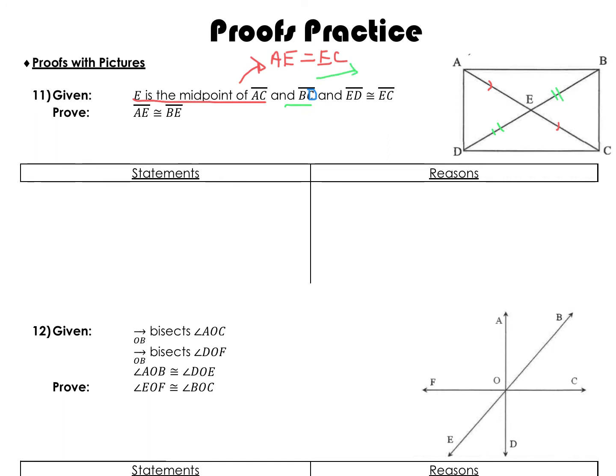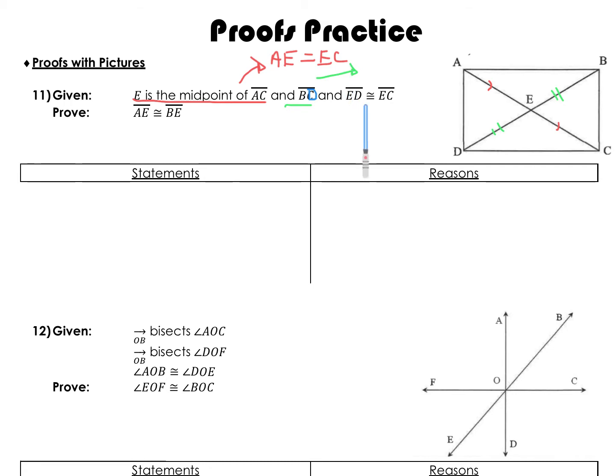So from here, DE, and I'm going to use ED instead of saying DE, because notice here in our proof we already have ED. So I want to use the same notation that they're using here as well.